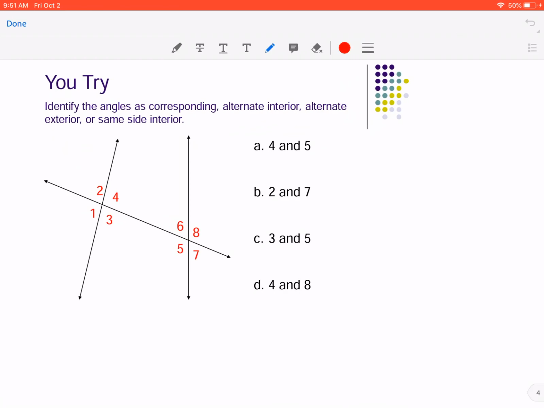Again, compare them all. 4 and 5. They're on the interior and they're on opposite sides. So that should be alternate interior. 2 and 7, they're not corresponding. They're on the exterior and opposite sides, so shouldn't that be alternate exterior? 3 and 5, they're on the interior, but they're on the same side of the transversal.